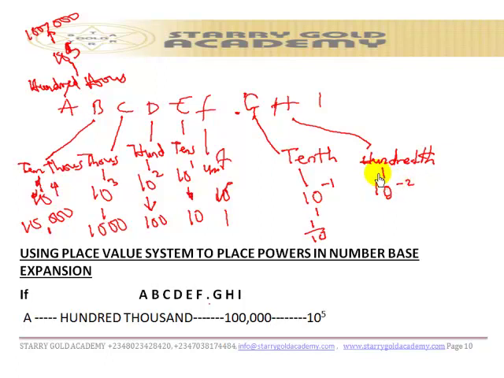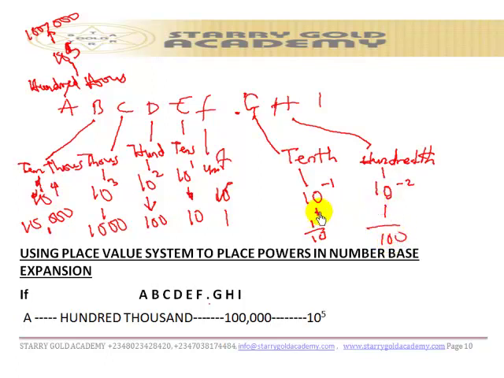These powers of 10 are going to be our powers in number base. These powers are going to be operating on the numbers, and that's what we use when we are expanding. We use the power of place values on those numbers. So hundredth carries the power of minus 2, and that's 1 over 100.